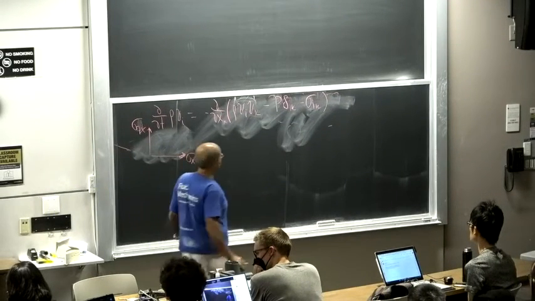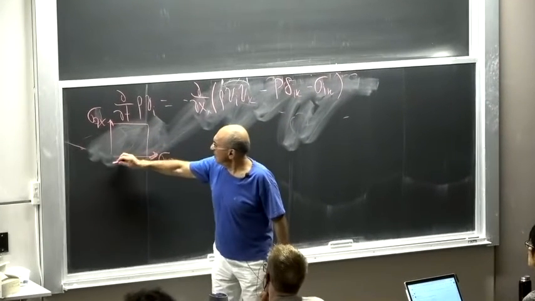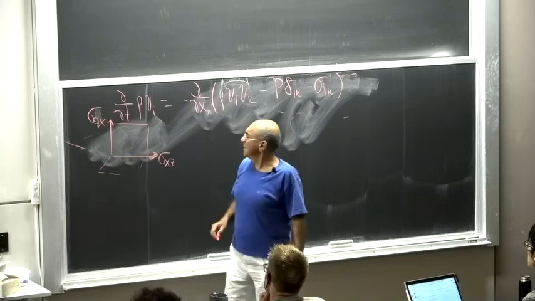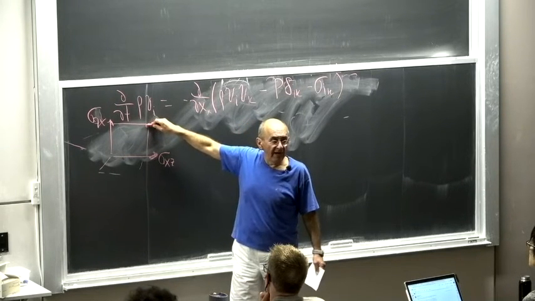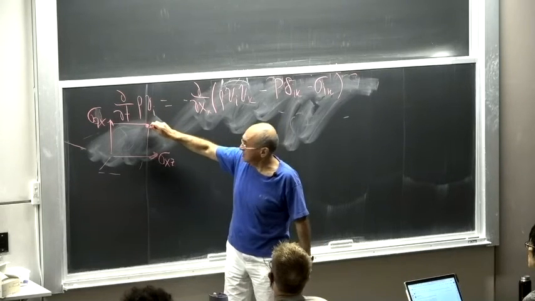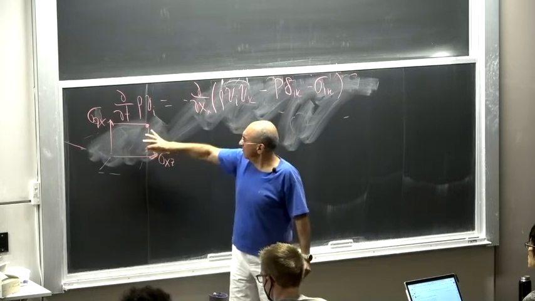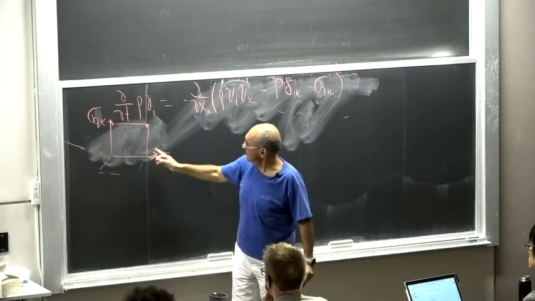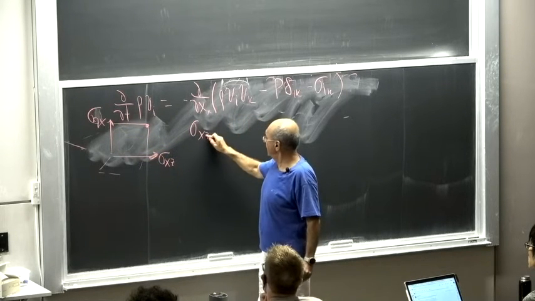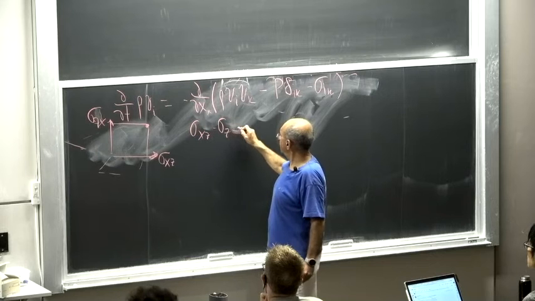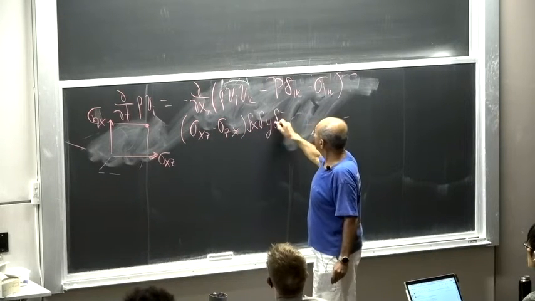Well, the simplest way to see it is to look at this element over here. And of course, it's three-dimensional, so it has this thing. So consider its action with respect to this action. What I need to do, if I want to understand whether it would rotate this way or that way, is take sigma xz minus sigma zx and multiply it by delta x, delta y, delta z.